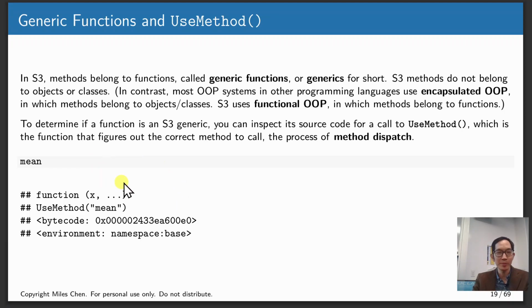So the thought process your brain goes through to decide what to do with this object, that's method dispatch. If I hand you a basketball and I say shoot it, your brain's going to look around for a basketball hoop that you can throw the basketball into.